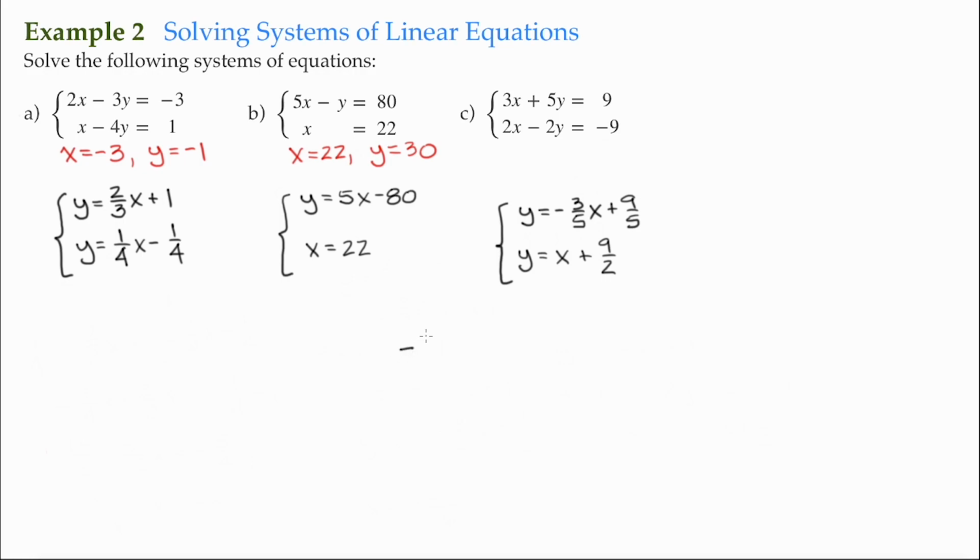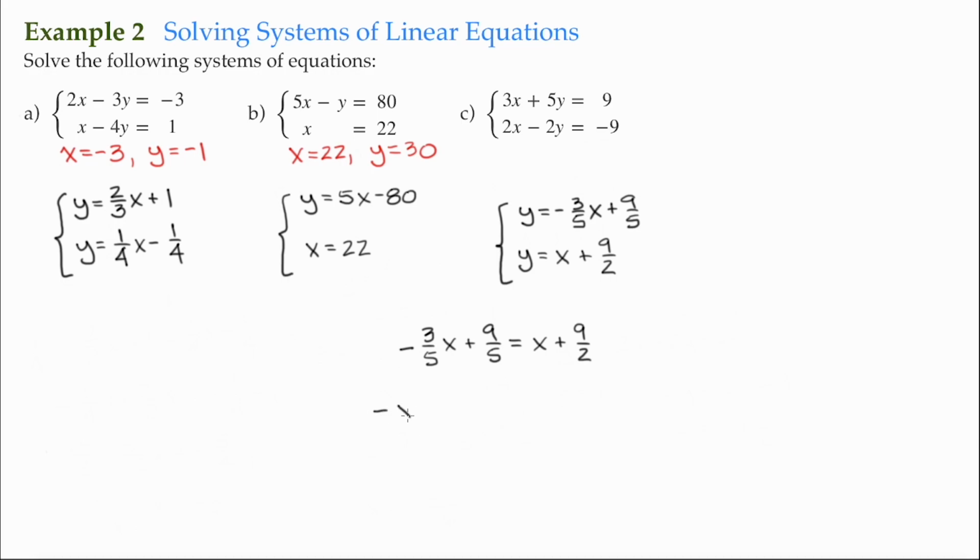So we'll take negative 3/5 x plus 9/5 and make that equal to x plus 9/2. Subtract x from either side and then subtract 9/5 from either side.